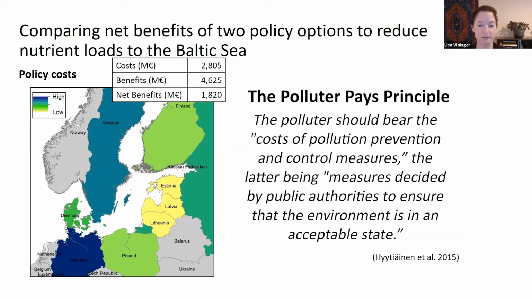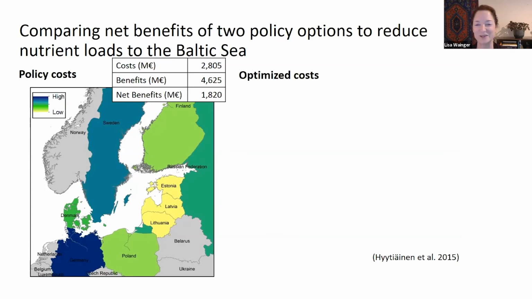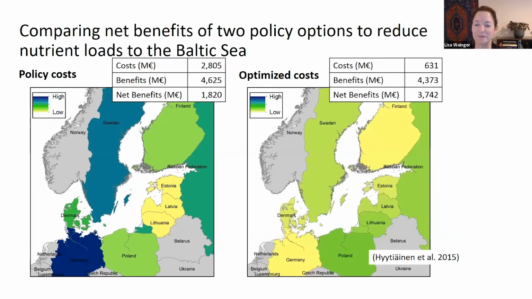Why not do it? Well, the economists, being economists, couldn't resist and said, well, but is that the most efficient way to do it? And so they optimized, not fundamentally changing the nutrient targets. What if we allocated effort according to who had the cheapest options available.